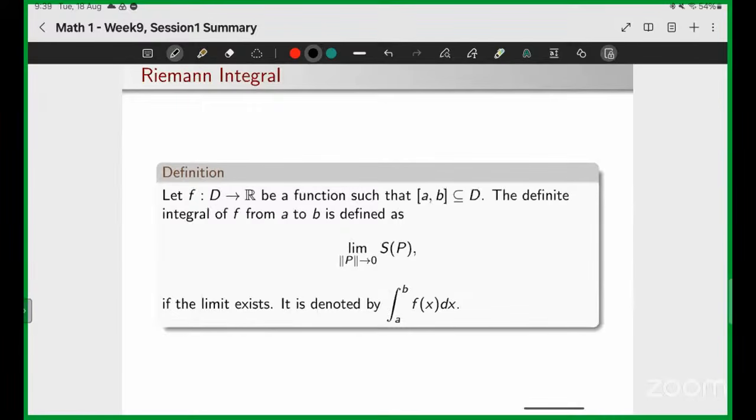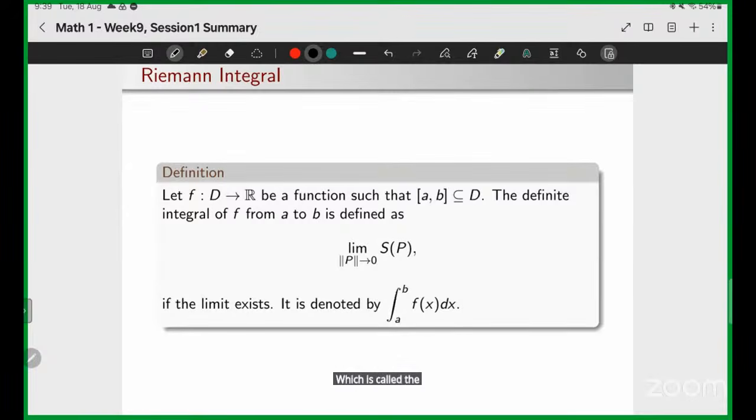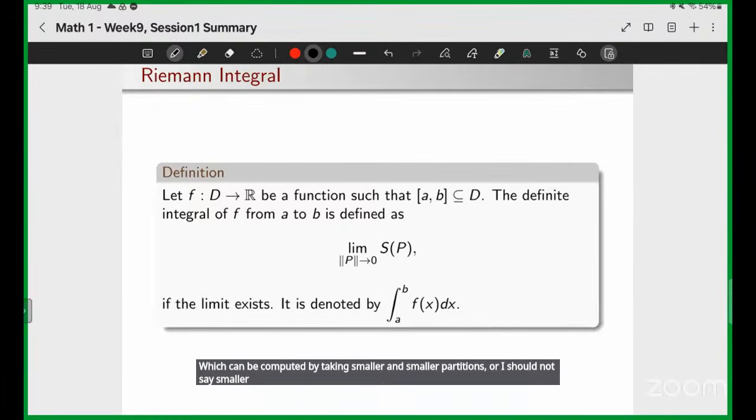Note that we did not define any function corresponding to the given function. We just said that there is this number, which is called the definite integral, which can be computed by taking finer partitions.